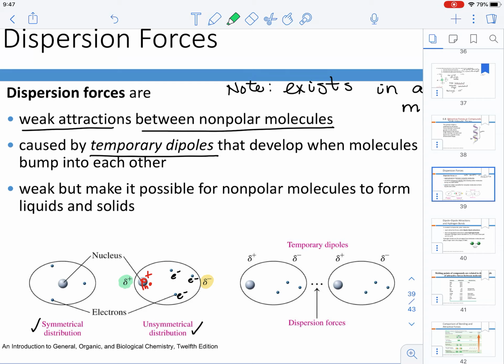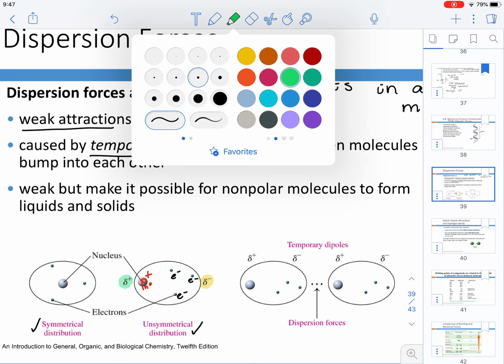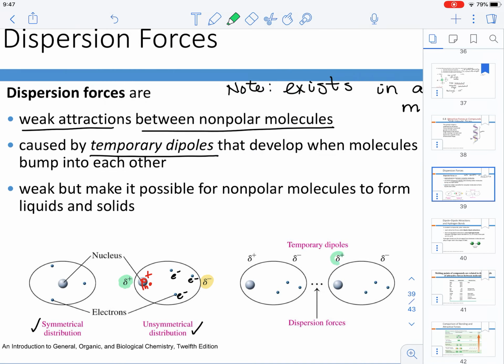The atom that created the first unsymmetrical distribution is around other atoms, and those other atoms also create an unsymmetrical distribution. The dispersion force is the interaction between the positive side of one atom and the negative side of another, illustrated by that dotted line.